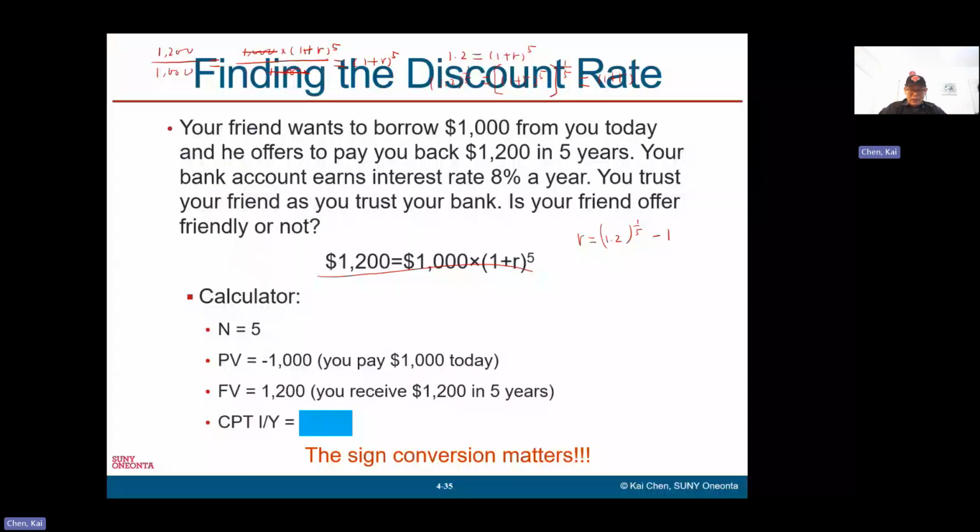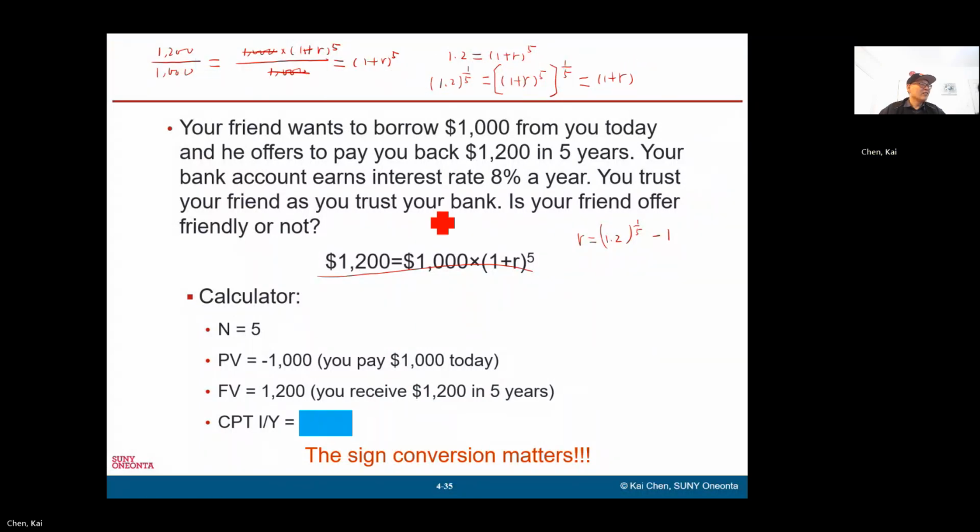So just now we get r equals 3.71%, right? Now we can use the financial calculator. If we use the financial calculator, in the time value function we have N, I over Y, present value, payment and future value.